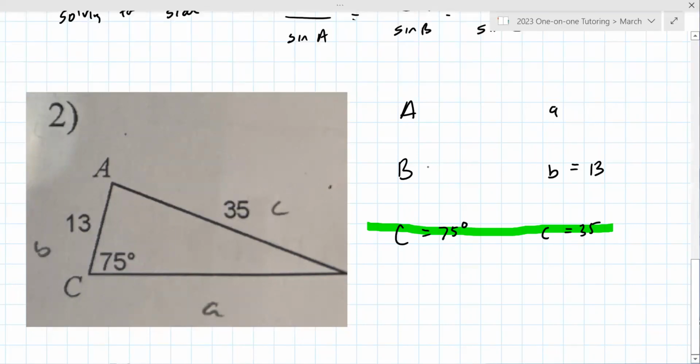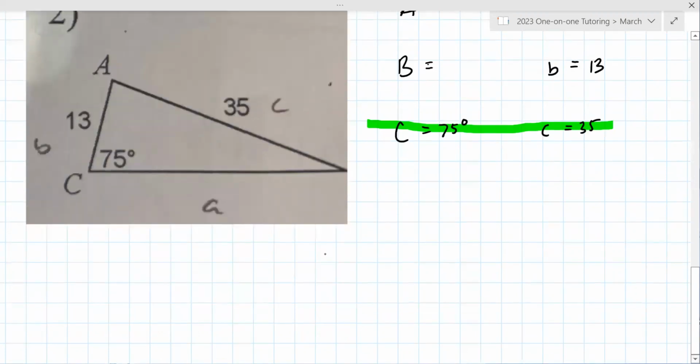Because we don't know angle B, but we know side B, we're going to shoot for that first. So that's why this time you would write sine big B over B equals sine big C over C. All right, so again, you're just mapping the numbers there.